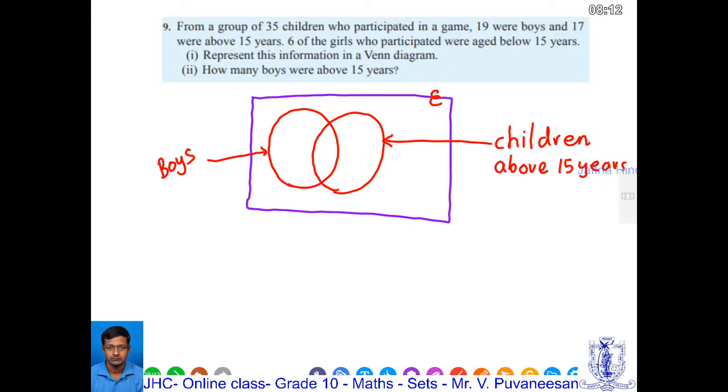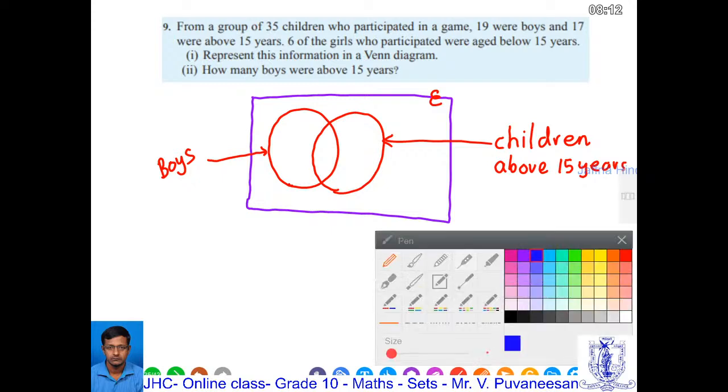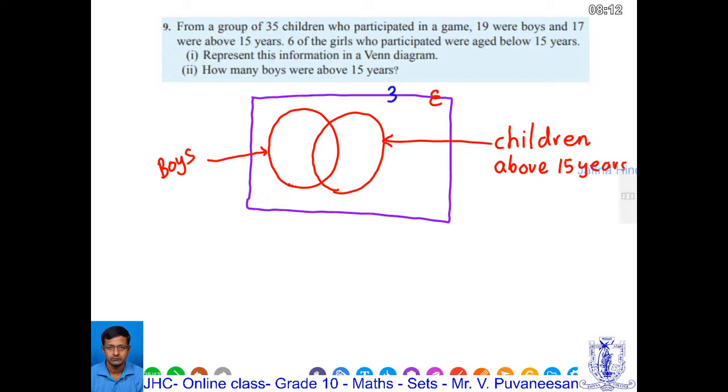Okay, from the group of 35, so the universal set is 35.